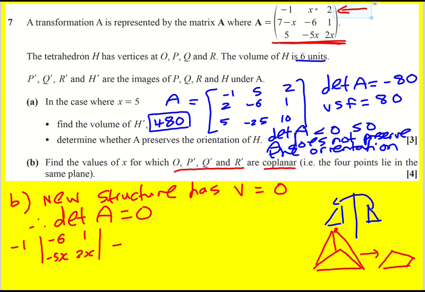Then it's going to be a plus here, a minus here, and a plus here, because it's -1 to the power of the row plus the column that you then have to multiply by as you find the determinant. So minus x times the determinant, cross this out, and you get 7 minus x, 1, 5, and 2x. And then back to it being plus 2, 7 minus x, minus 6, 5 minus 5x.